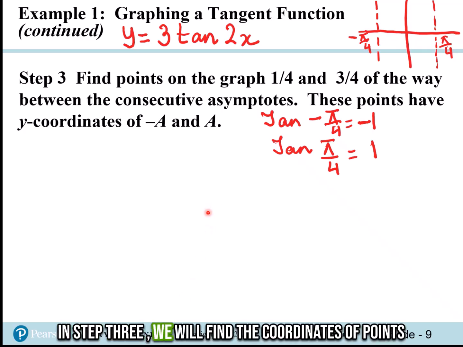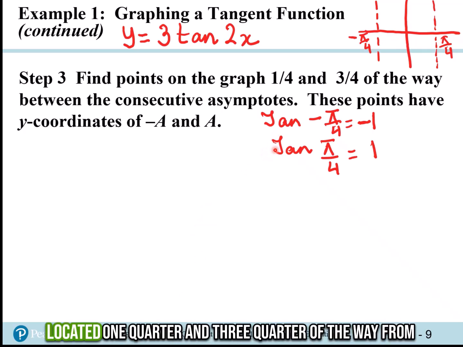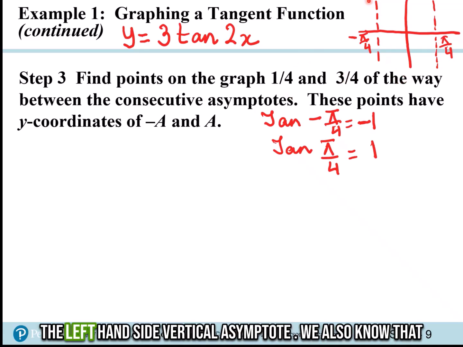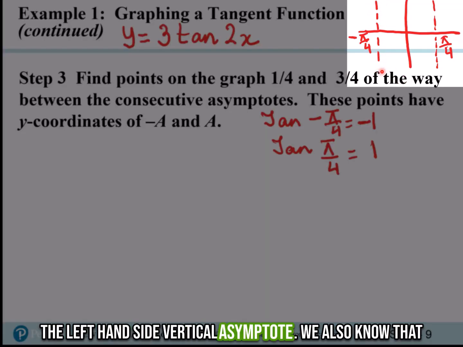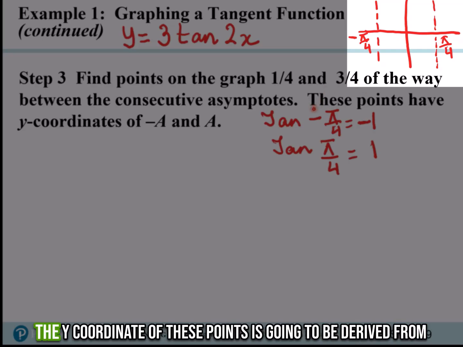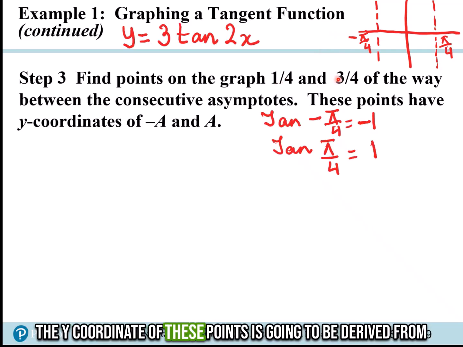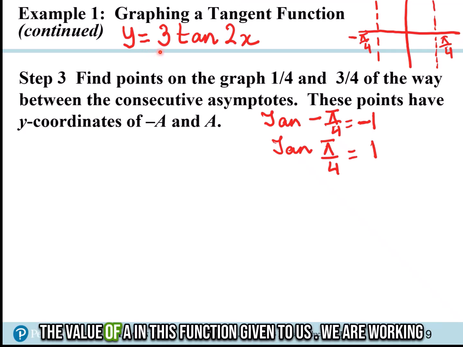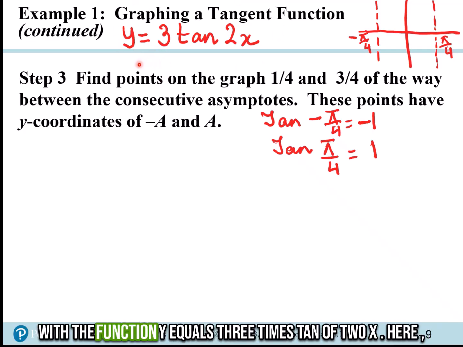In step 3, we will find the coordinates of points located 1/4 and 3/4 of the way from the left-hand side vertical asymptote. We also know that the y-coordinate of these points is going to be derived from the value of a in this function given to us. We are working with the function y equals 3 times tan of 2x.